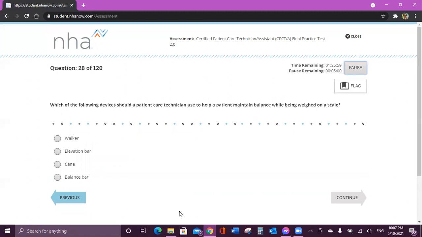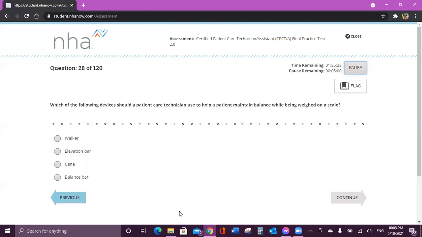Okay, which of the following devices should a patient care technician use to help a patient maintain balance while being weighed on a scale? Walker, elevation bar, cane, balance bar. Yo creo que un cane, de verdad.